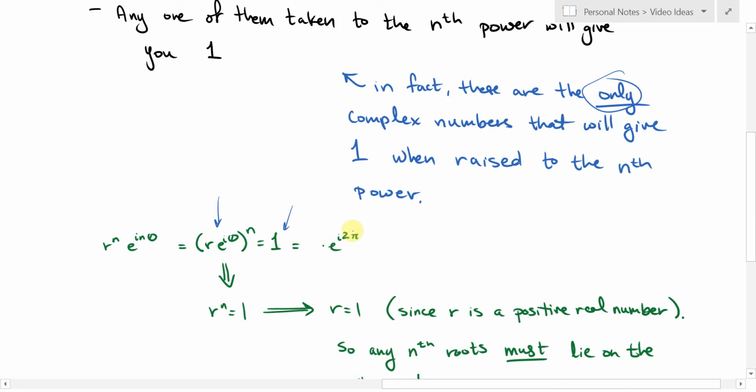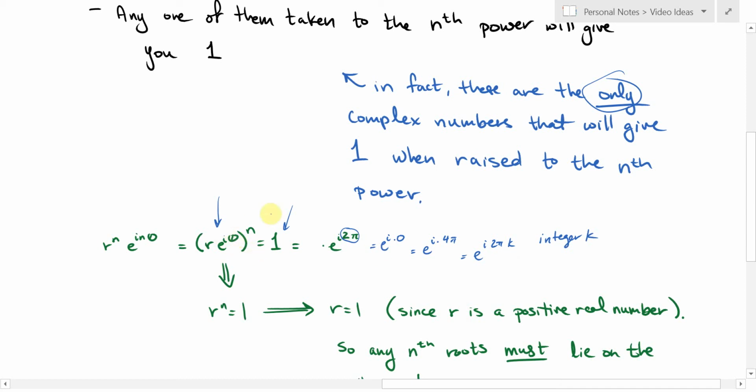And its angle is 2 pi, or remember that this is the same as e to the i times 0, or e to the i times, instead of 2 pi, 4 pi, or in general, e to the i 2 pi k for any integer k. Because it just means you've made k full revolutions around the circle and it always gets you back to 1. So these polar coordinates are not unique in general.